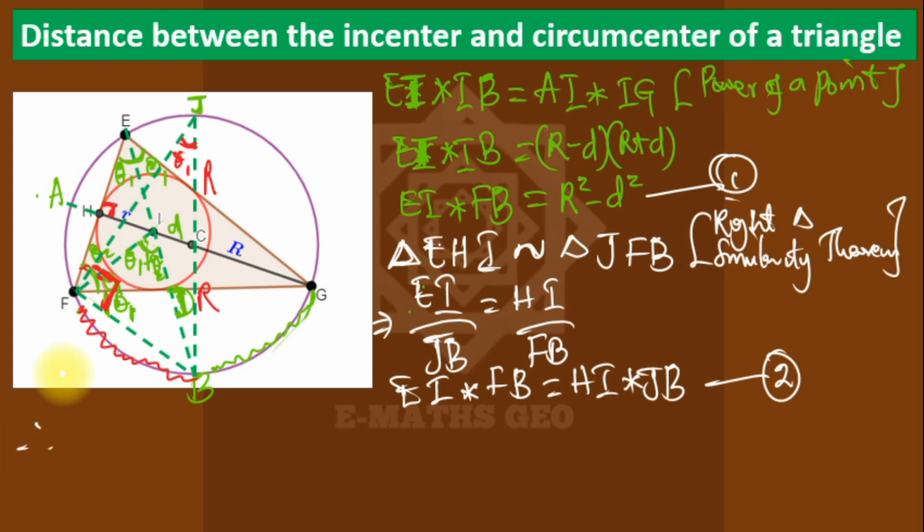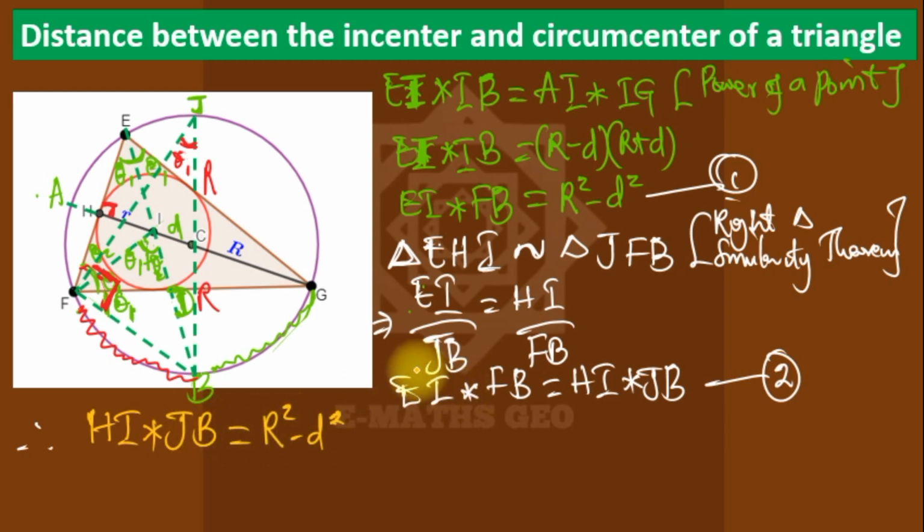Therefore, HI times JB is now equal to R squared minus D squared.